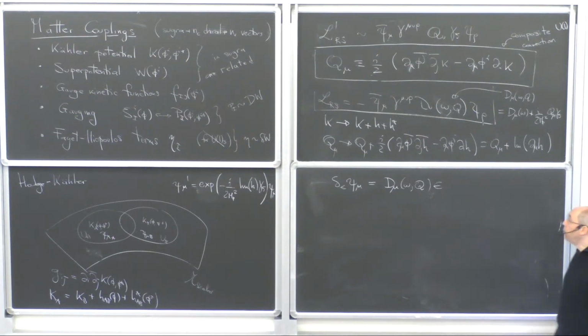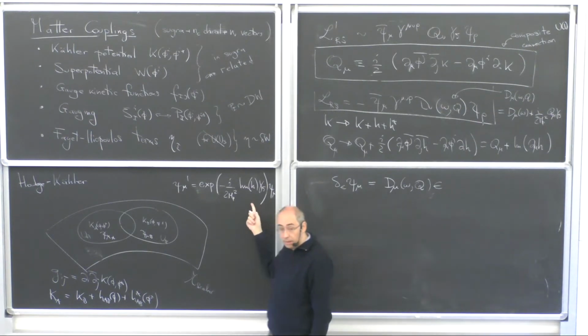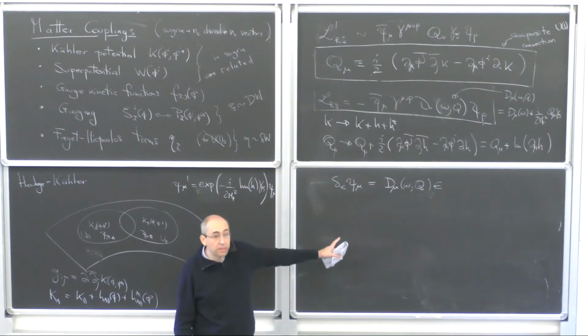So now, if you want this expression to be covariant with respect to this new symmetry, this means that also the supersymmetry parameter should transform.